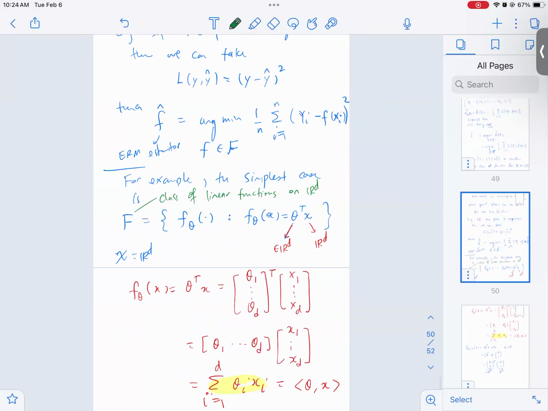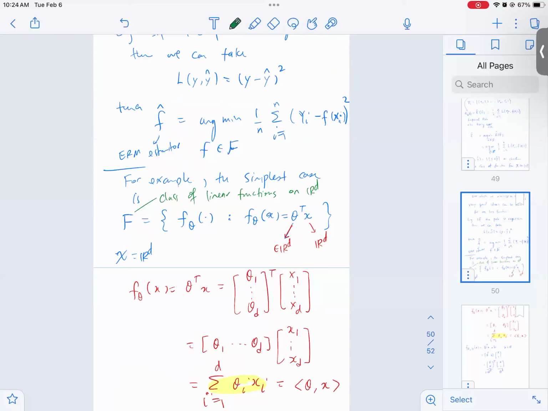There's a class which is simpler than this, which is the class of constant functions. Just assume that f is constant. And if you minimize over this class of constant functions, what would you get? The empirical mean. So you predict by the empirical mean. That's similar to the majority rule classifier in classification. That's the baseline.